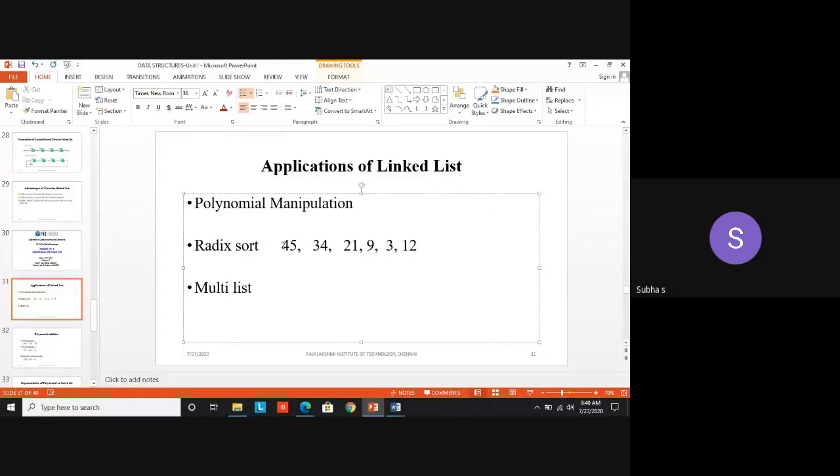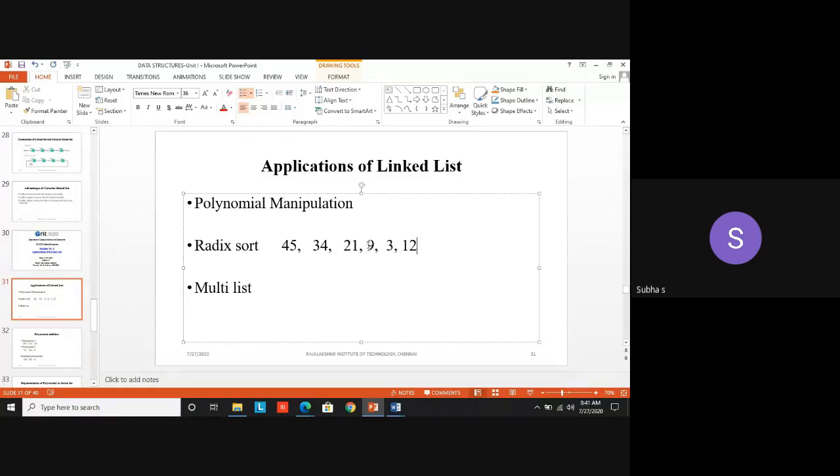In this radix sort, first you have to sort the elements based on the LSB. LSB means least significant bit. You have to sort the elements based on the least significant bits, in ascending order. Now you may have some doubt.